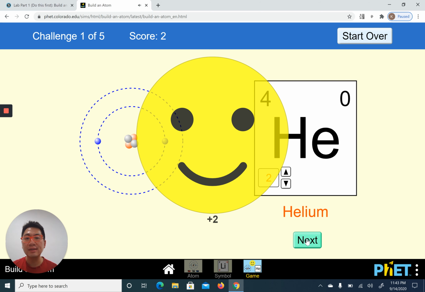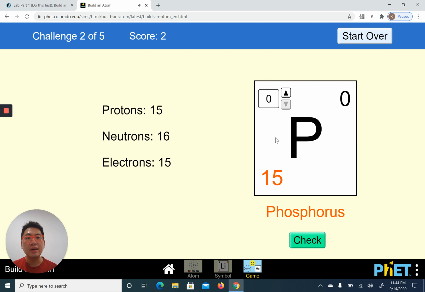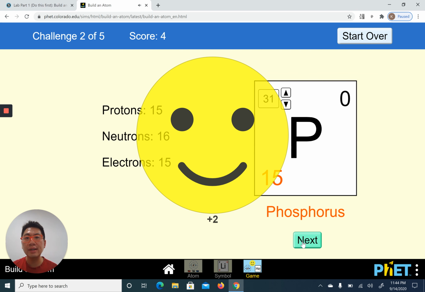That's correct. Next one, I'm trying to find what is the top number given this information. The top number is the mass number, protons plus neutrons. 15 plus 16 is 31. Okay.